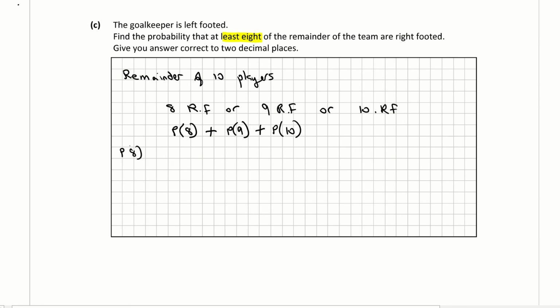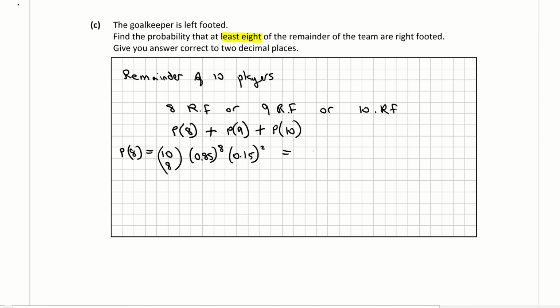So the probability of 8 of them being right-footed is going to be, again, we've removed the goalkeeper, so it's not out of 11 now, it's out of 10. So it's 10 choose 8, and then my success this time is to be right-footed. So I'm going to go 0.85 to the power of 8 because I want to be getting right-footed players. Times then my failure, which is left-footed, and that's to the power of 10 minus 8, which is 2.